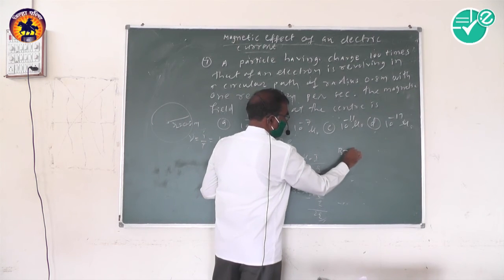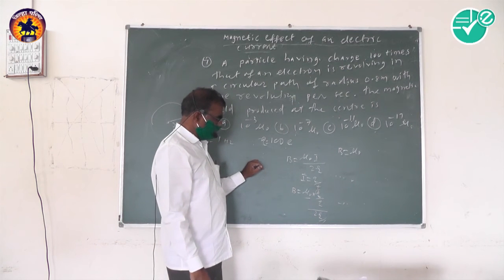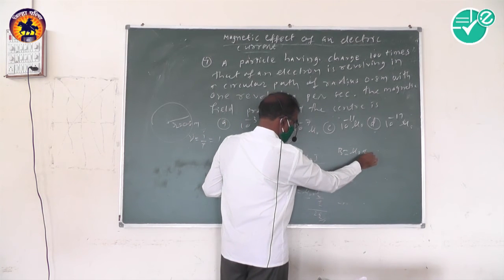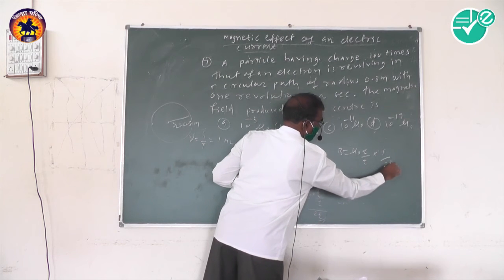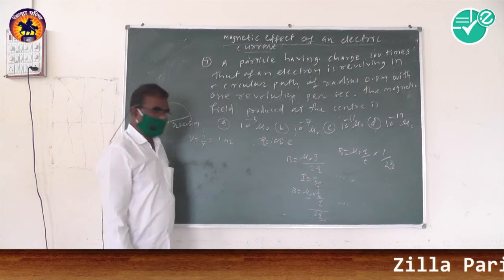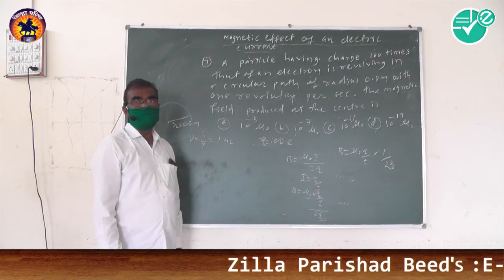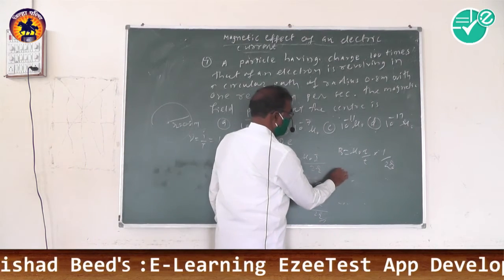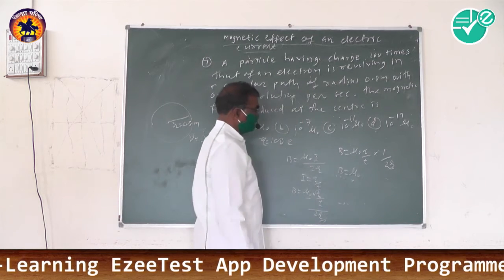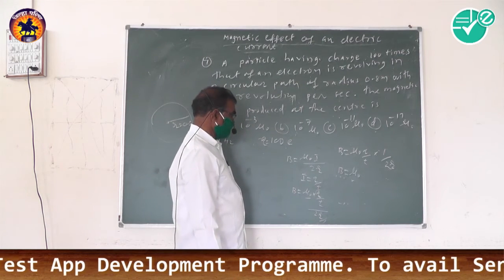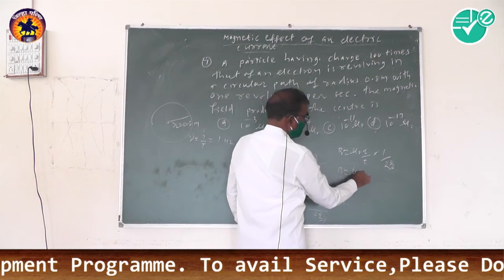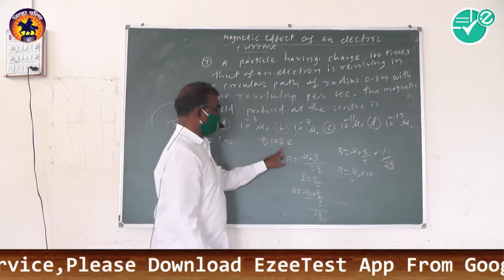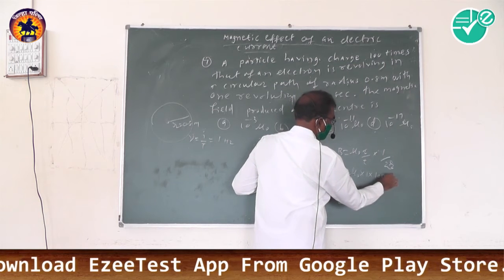That is B equal to mu 0 times Q by T into 1 upon 2R. 1 by T is the frequency, that is 1, into Q. Q is 100 times the electron charge.